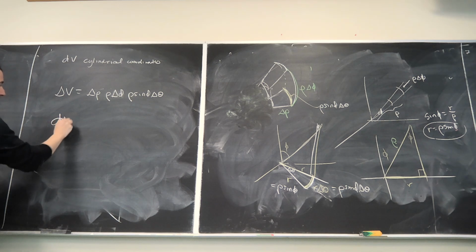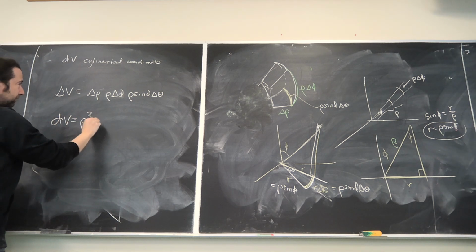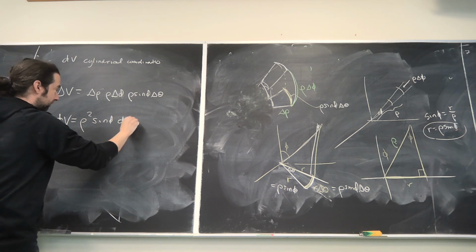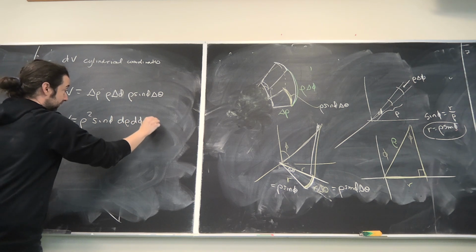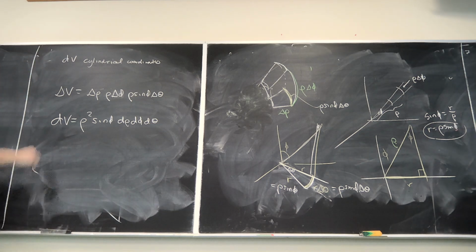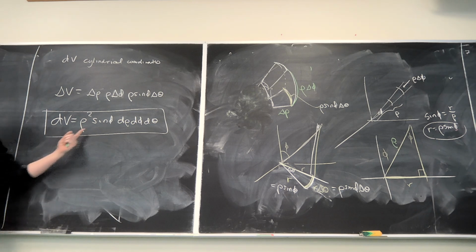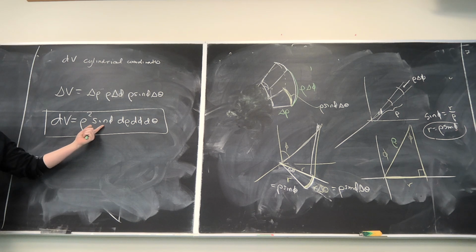Or, more concisely, dV is rho squared sine phi d rho d phi d theta. That is the volume change. So why do people not like spherical coordinates? Because the fact that this extra sine phi exists here often makes things awful.